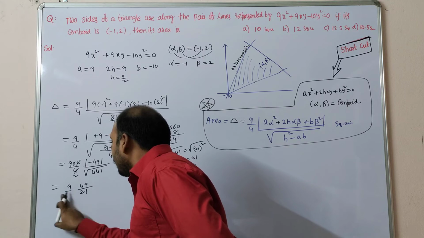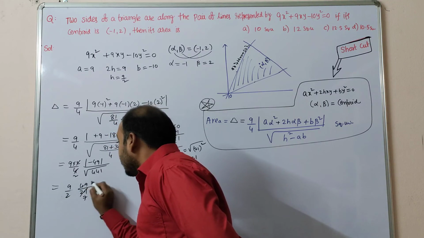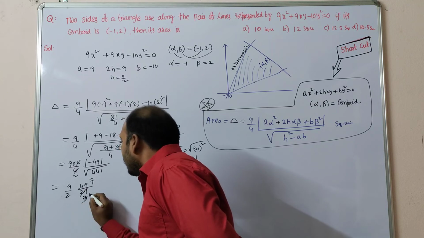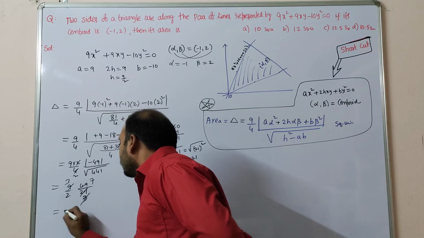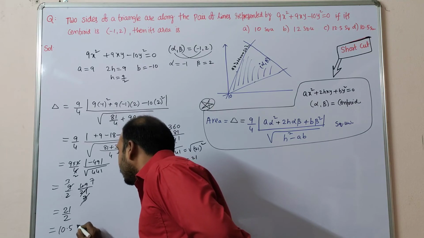There is no common factor for 2. 3 7s are 21, 7 7s are 49, so 7 3s and 3 3s are 9. So 21 by 2, that is equal to 10.5 square units.